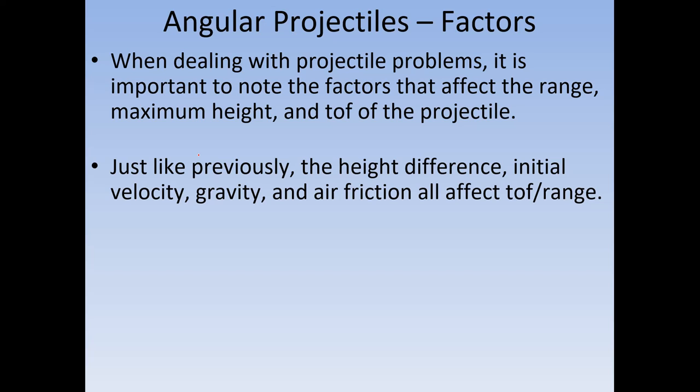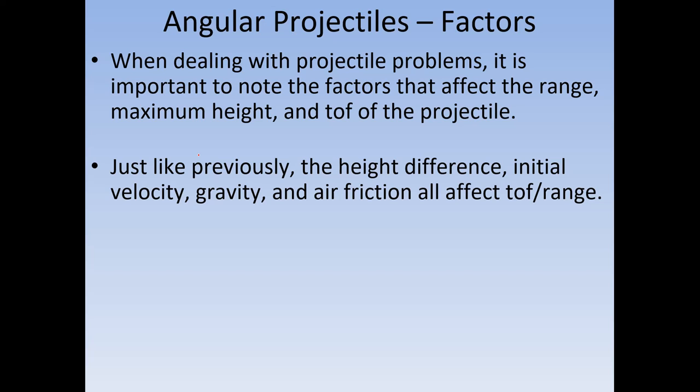Though now, because the projectile velocity is affecting both x and y, changing the initial velocity will actually affect time in the air. It's only in the case where we make sure that whatever we're changing, we're not changing the horizontal component, that the time won't change.